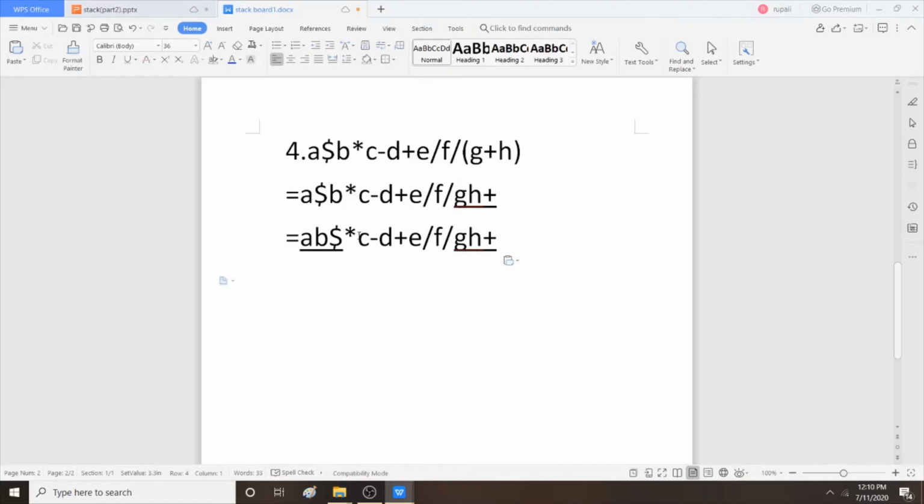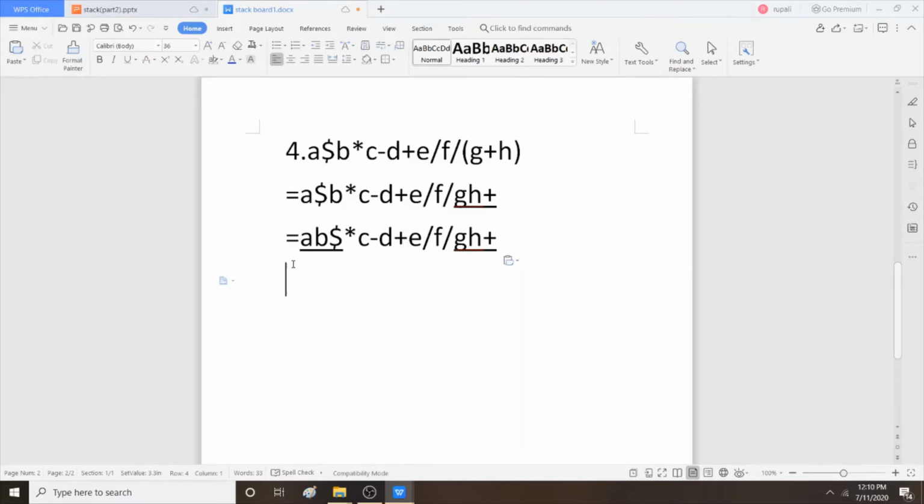Now see, the operators are into, by, by, minus, plus. Which one has greater priority? Into and by have the same priority, but these two operators have greater priority than minus and plus.